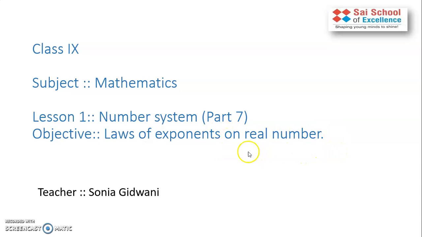Then we have seen the addition, subtraction, multiplication, division operations for the rational and irrational numbers. Also, we have seen the identities of rational and irrational numbers. And in the last video, we have seen rationalizing the denominator of the real numbers.